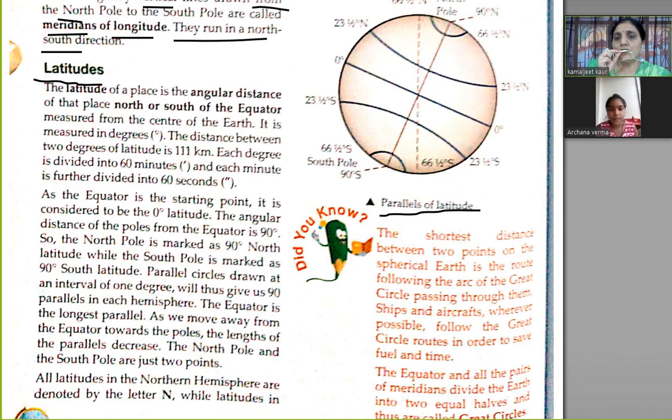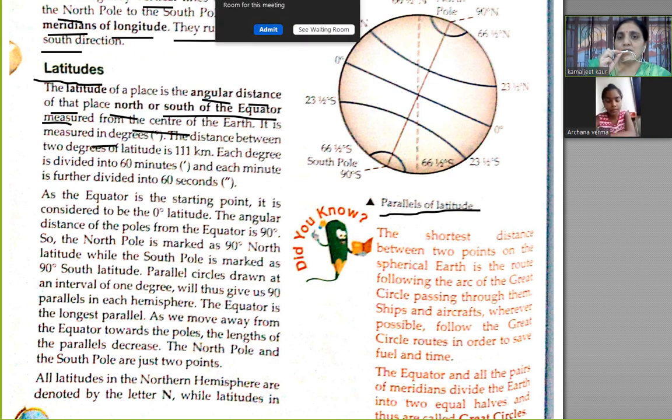The latitude of a place is the angular distance of that place north or south of the equator, measured from the center of the earth। इसको हम लोग कहाँ से measure करेंगे? At the center of the earth से। It is measured in degrees। इसको किस में करेंगे हम लोग?